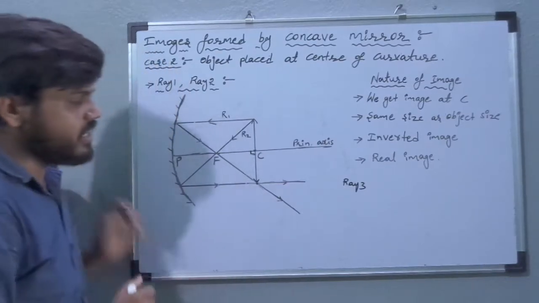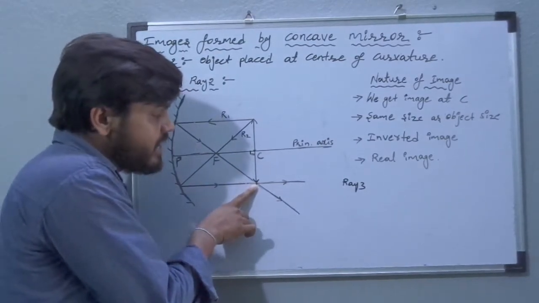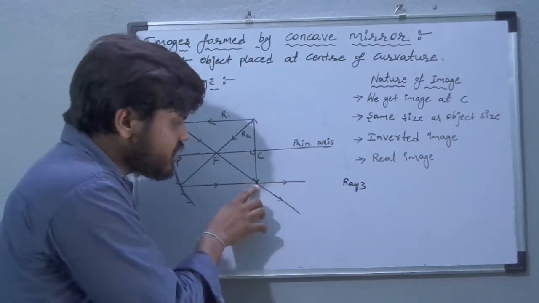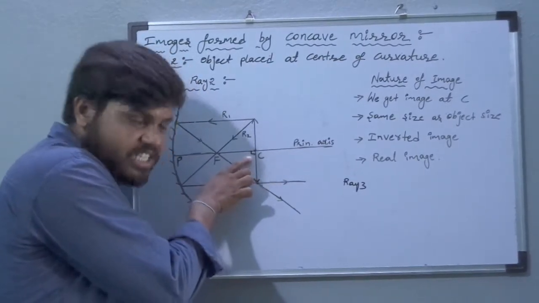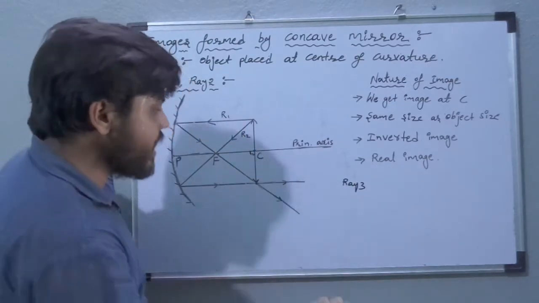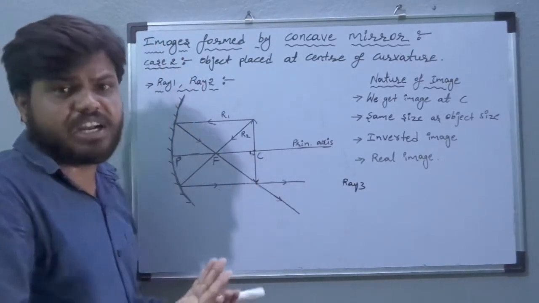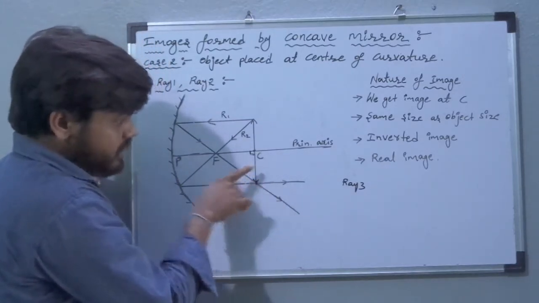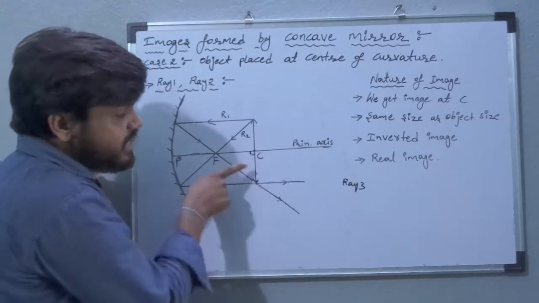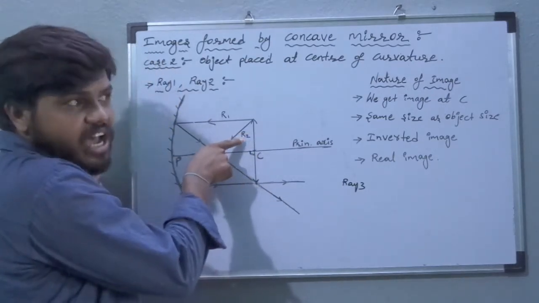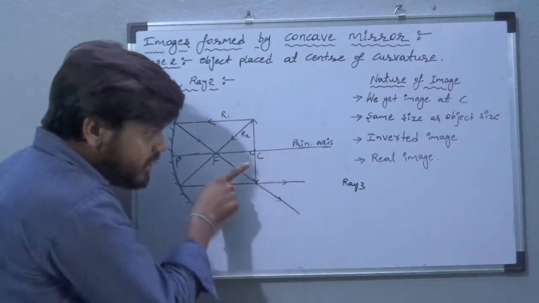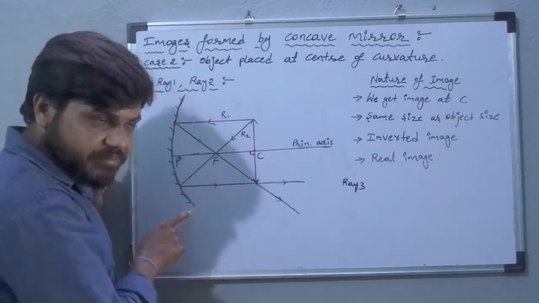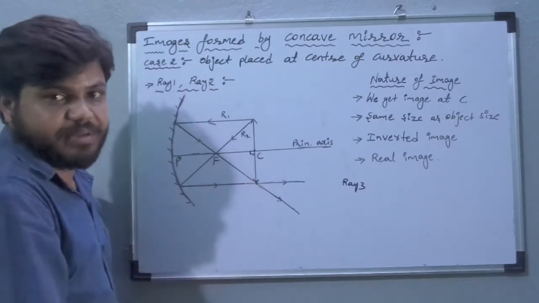Here we got the intersection point, exactly below the center of curvature. If you join this intersection point perpendicular to the principal axis, we get the image. If you place the screen at this point, we get the image easily. By looking at this diagram, we can say image size is equal to object size. We got the image at the center of curvature only, and this image is inverted and real.